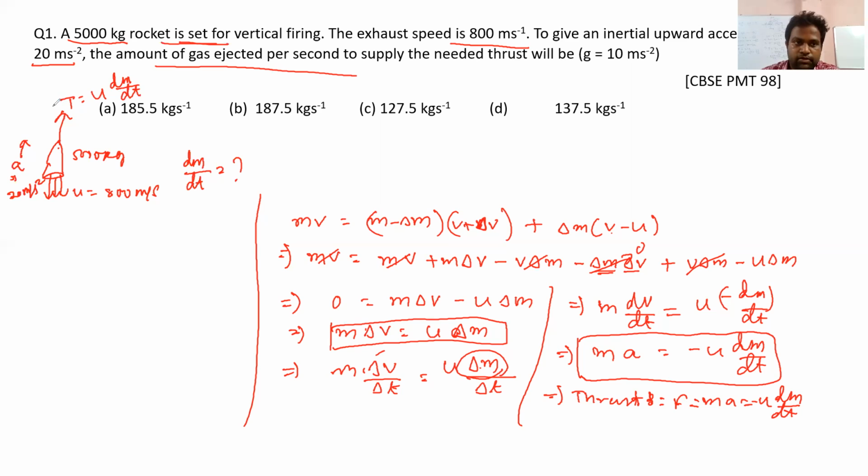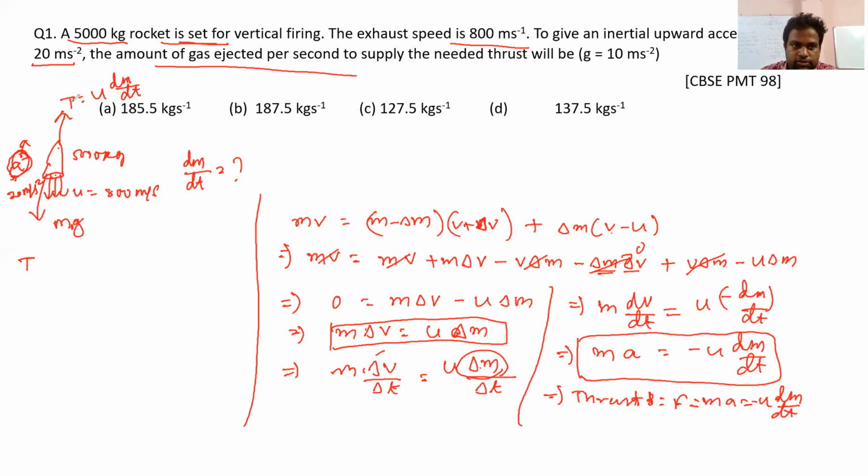And due to the mass of this rocket, there will be a downward force, that is m0g. So we can write an equation: it is going upward, so ultimately it will move with an acceleration a.